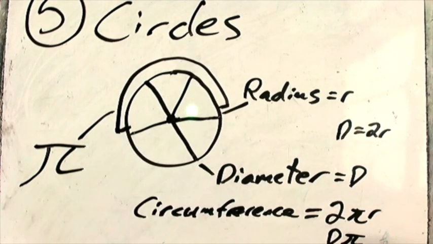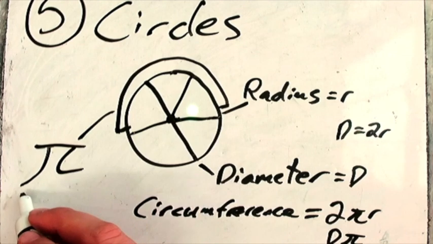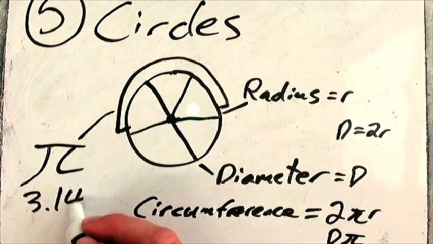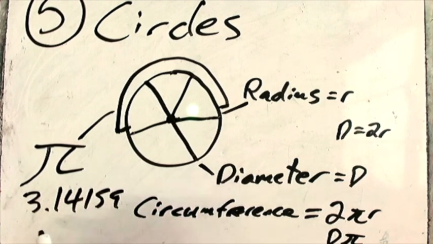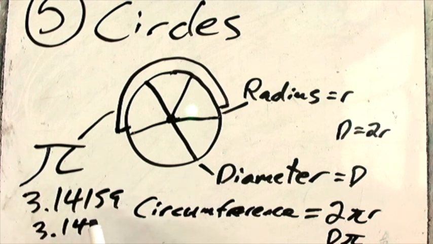No. But the definition of the circumference is connected to pi. Just know also that pi is the same thing as 3.14159. I'm also going to accept 3.14 for pi. It's just literally a number, 3.14. So pi is the same thing on your calculator as 3.14. You can just plug that in.